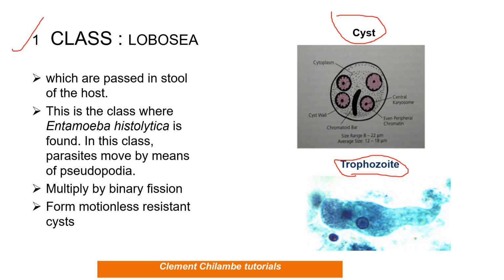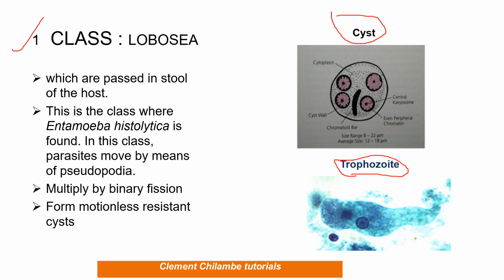These stages of the parasite help us to come up with the treatment and the methods of diagnosis. Which method are we going to use in order to find the parasite that is infecting this human, right?